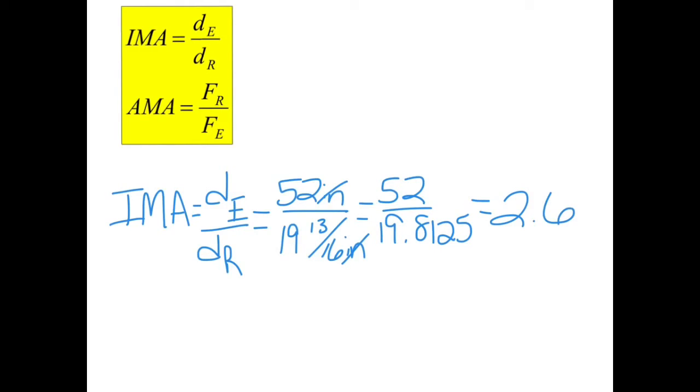Or if I want to refer to this in ratio form, it would be 2.6 to 1 is my mechanical advantage. This means that it will take me 2.6 times less force to put the object on the trailer bed than if I lifted it straight up from the ground. Hopefully this helps you in understanding the mechanical advantage of an inclined plane.